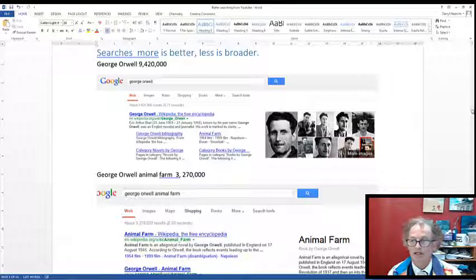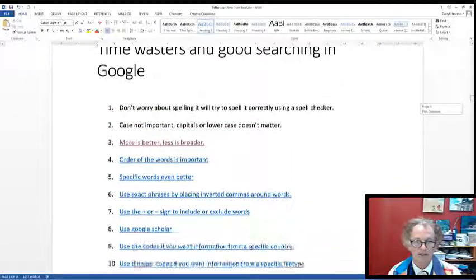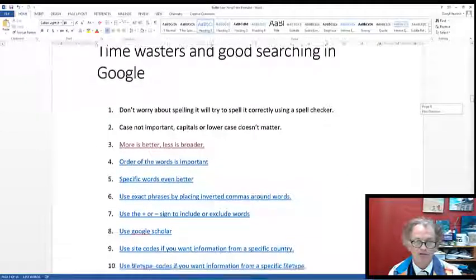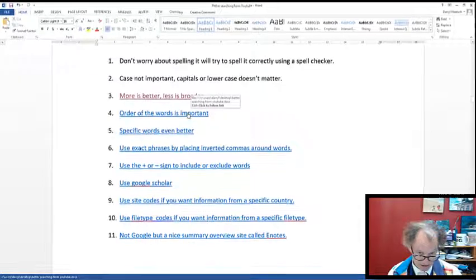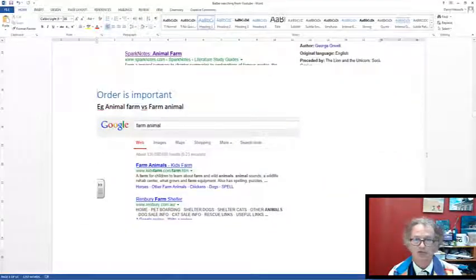Okay, so if we now have a look at another one, the order of words is also important. This is an interesting one. To a degree, the order in which you write the words is quite important. Have a look here. What I've done is I've tried to look at Animal Farm versus Farm Animal. Here we've got Farm Animal, about 135 million hits.